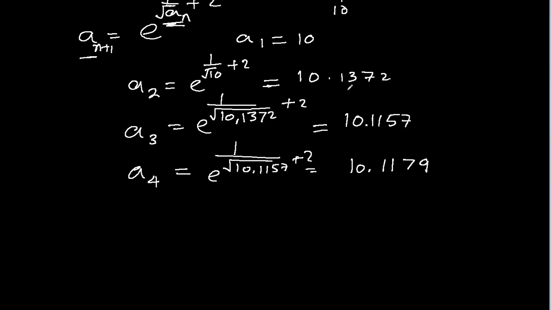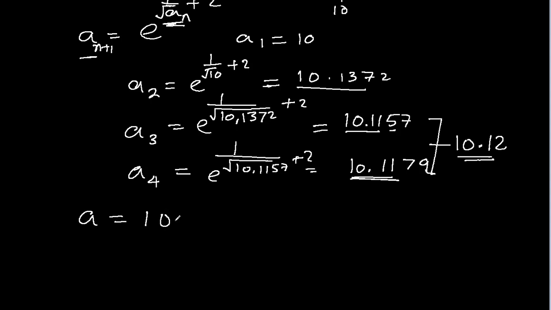So round off each step with 2 decimal places. So it will be 10.13 here, 10.12 here because of this 5, 10.12 here. When 2 decimal places give you 2 consecutive numbers, give you same round off, 10.12, stop there. So that means our final answer is A is equal to 10.12, correct to 2 decimal places.